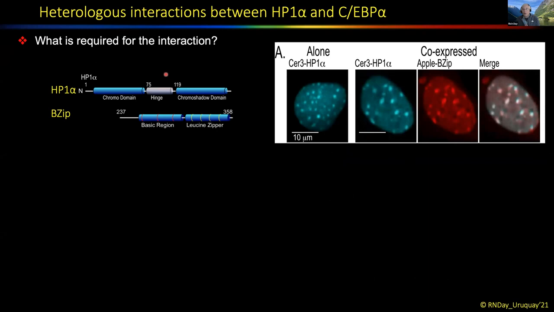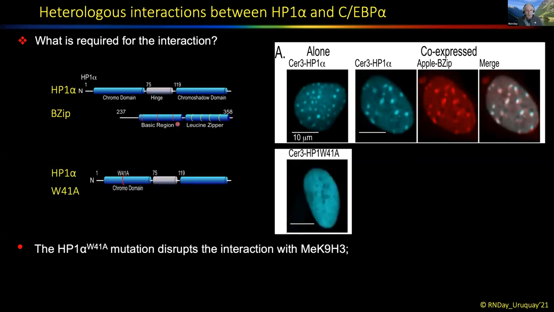Next, we wanted to know what's required within HP1 alpha for this interaction. And there's this mutation that was identified in the chromodomain of HP1 alpha. That's when you mutate this position, what happens is HP1 alpha no longer localizes to heterochromatin. It's what is required for its binding to heterochromatin.